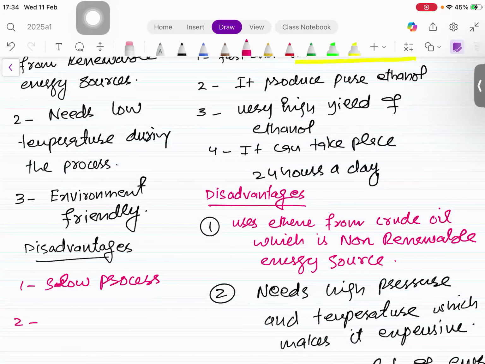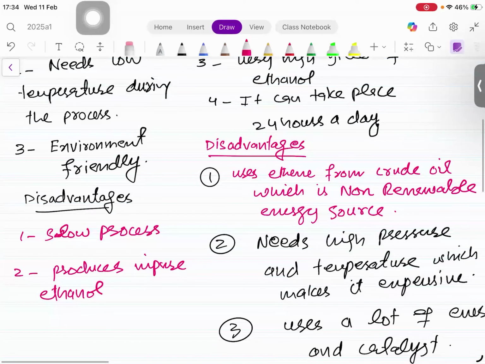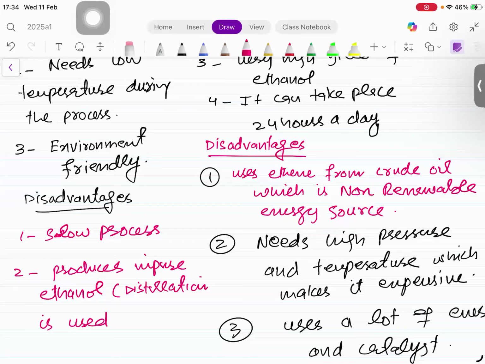Number two, produces impure ethanol. Distillation is used to separate.